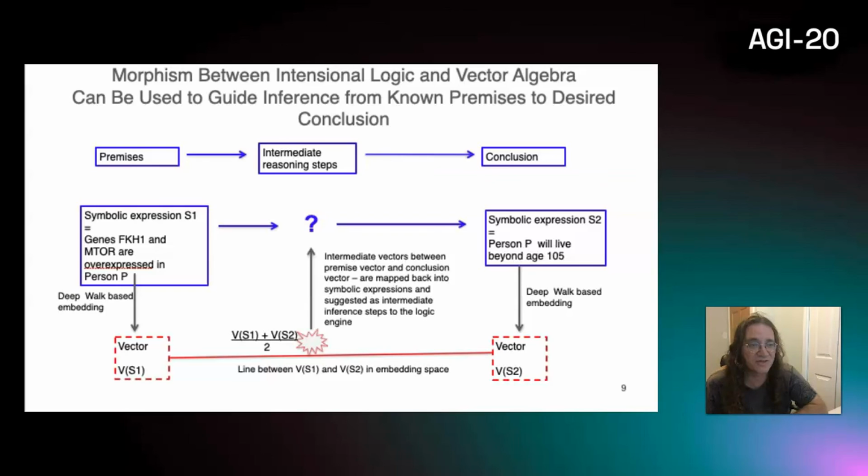So one thing you can do is a vector embedding of the premises and a vector embedding of the conclusions, and draw the arrow between the embedding of the premises and the embedding of the conclusions. Then the nodes along that arrow, you can try as intermediate steps in logical reasoning to get from the premises to the conclusions. And this is quite interesting, and it's what we're currently working on.